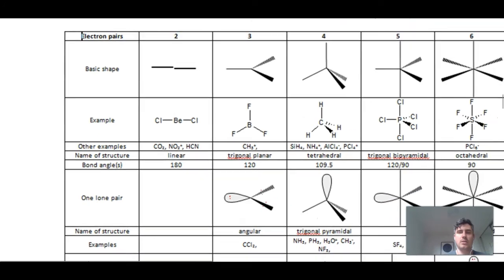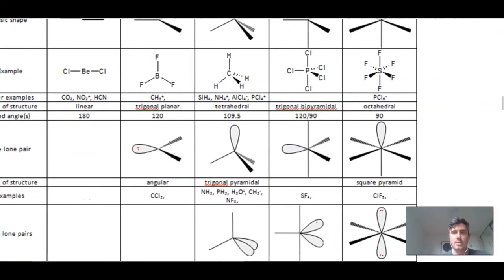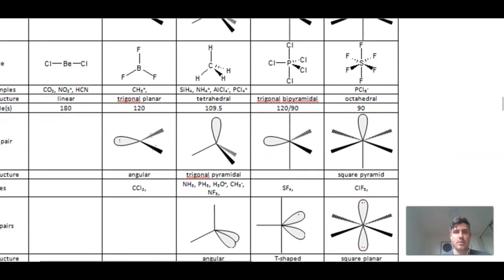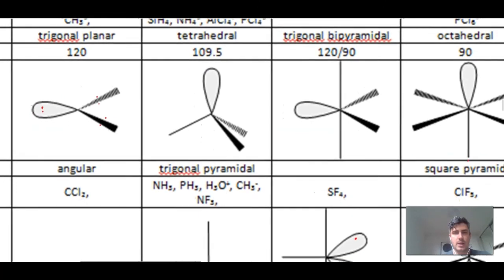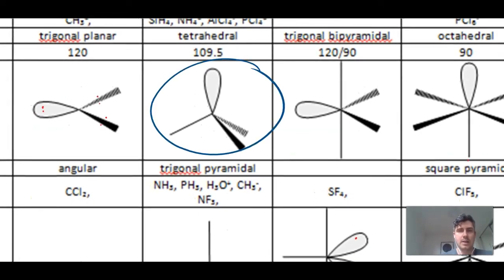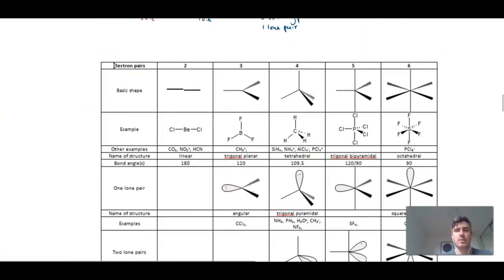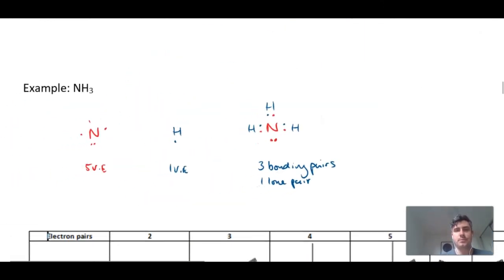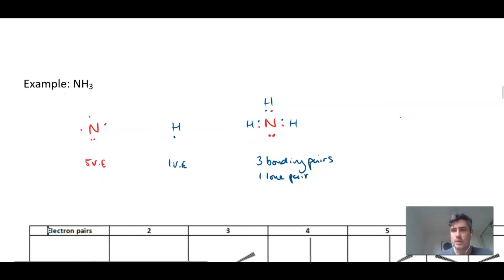So I'm going to look at this table now. The tetrahedron column is here, where we've got 4, and it's going to be this one here with a lone pair. So this is a trigonal pyramidal structure. When I draw this, I'm going to draw the lone pair at the top, and draw the 3D structure like this.